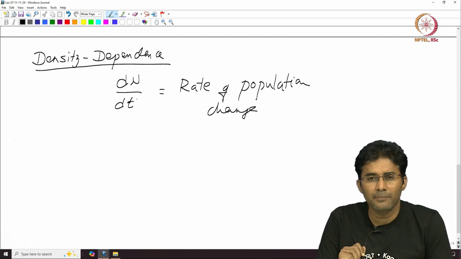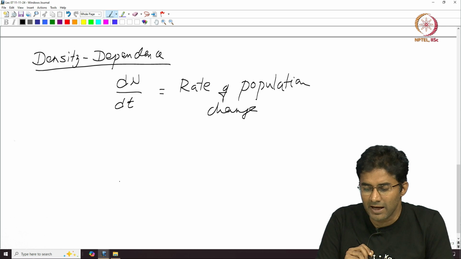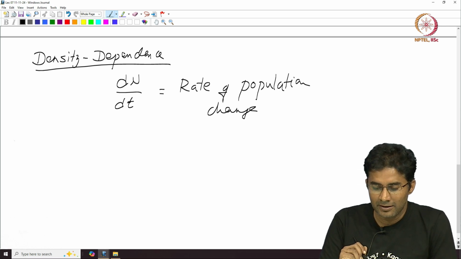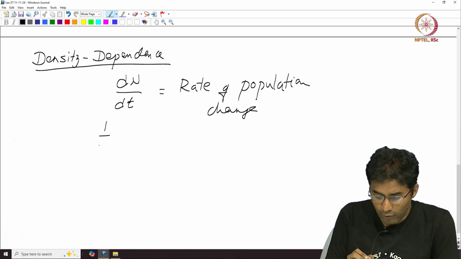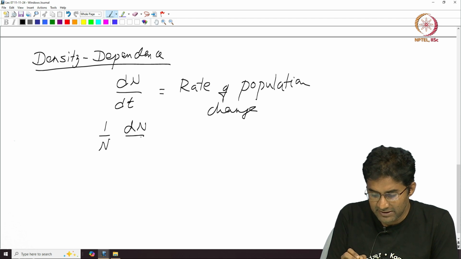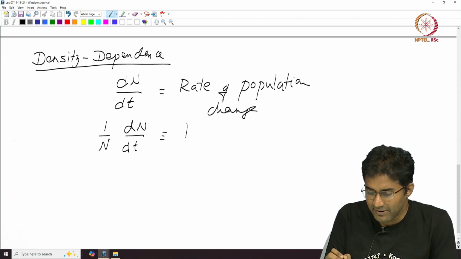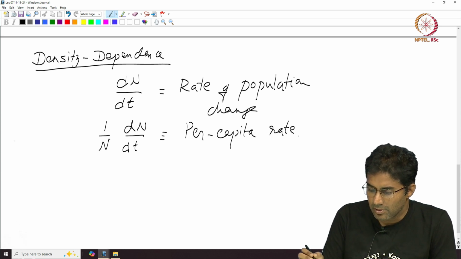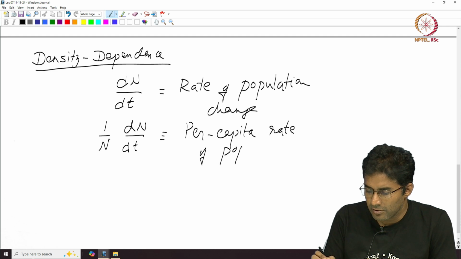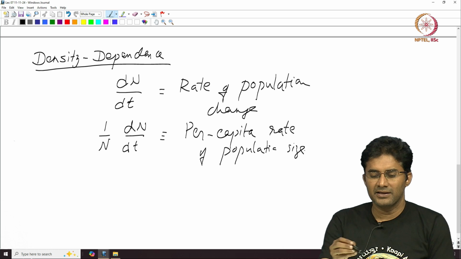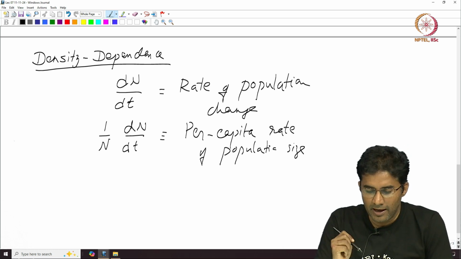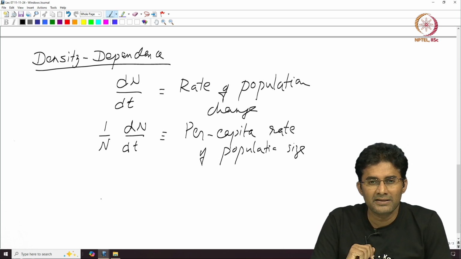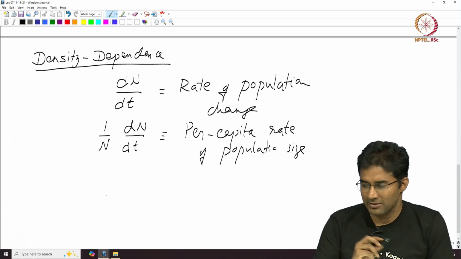So dN by dt represents the rate of change of population size, right, whereas 1 over N dN by dt captures the per capita rate of change. Simply put, dN by dt is the growth rate, whereas 1 over N dN by dt would be the per capita growth rate, okay.